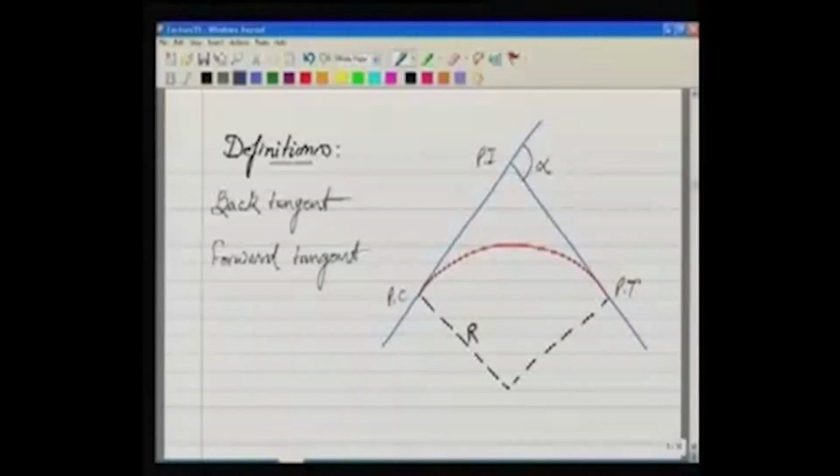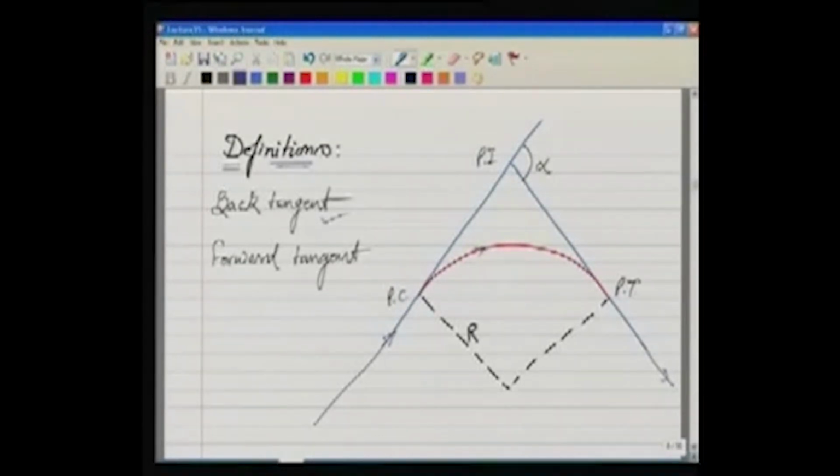Now let us look at some definitions, because before we go into curve setting out, we need to see these definitions. First of all, what is back tangent? Over here, this is the road which is approaching, and that's the road which is going out, and in between a curve has been provided. That's the curve.